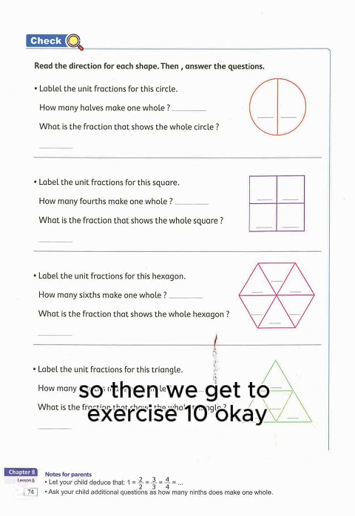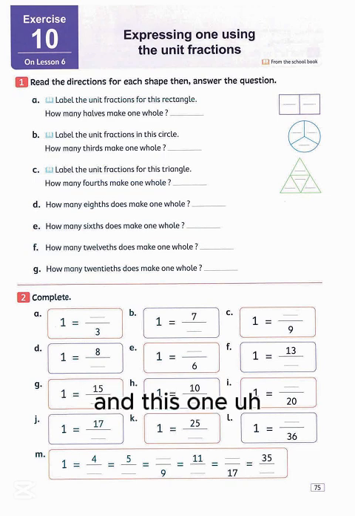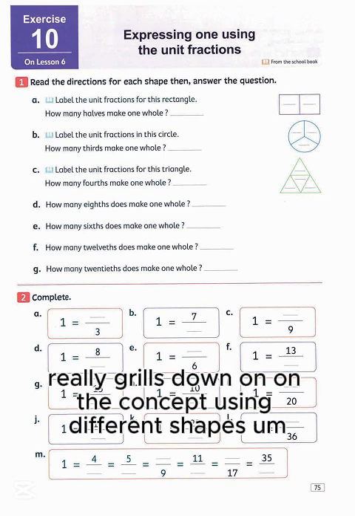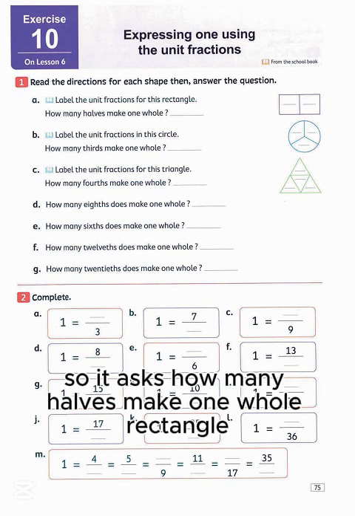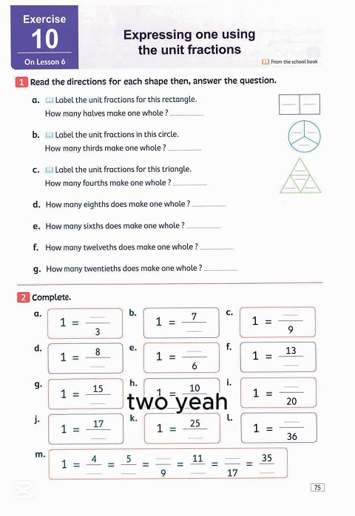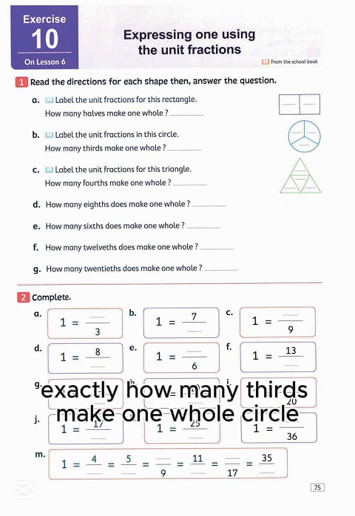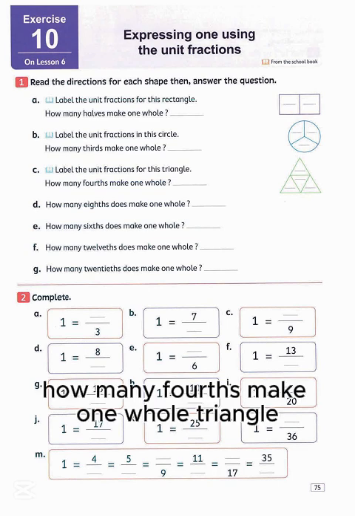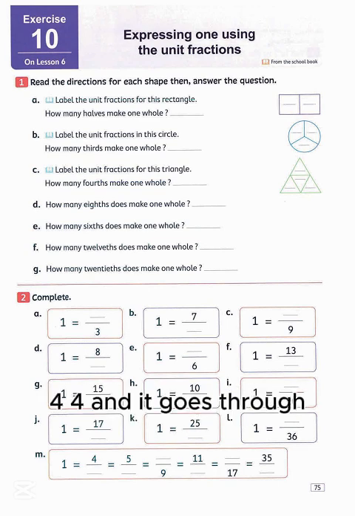Then we get to exercise 10, which really drills down on the concept using different shapes. It asks, how many halves make one whole rectangle? 2. How many thirds make one whole circle? 3. How many fourths make one whole triangle? 4.